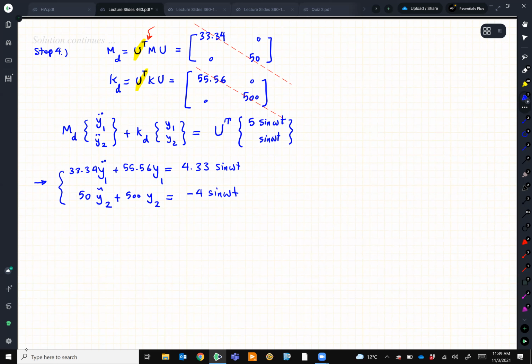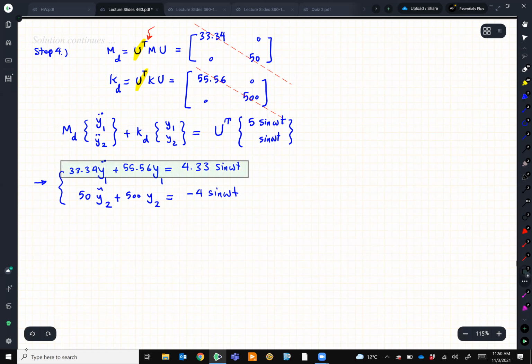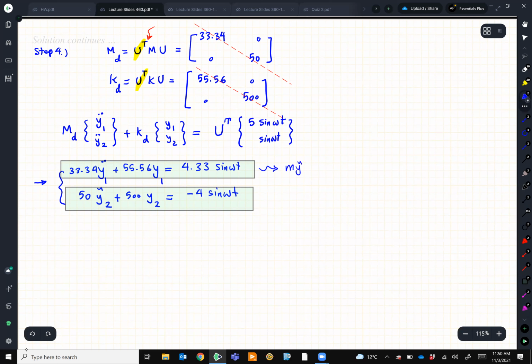Just a lot of calculation, obviously, but it's not really complicated. So look at these two equations. They are two separate equations, something that we are familiar with. We solve similar problems, right? To remind you, we have M y double dot plus k y equal to f0 sine omega t. And you know how to solve this one, right? You have a formula to solve this.